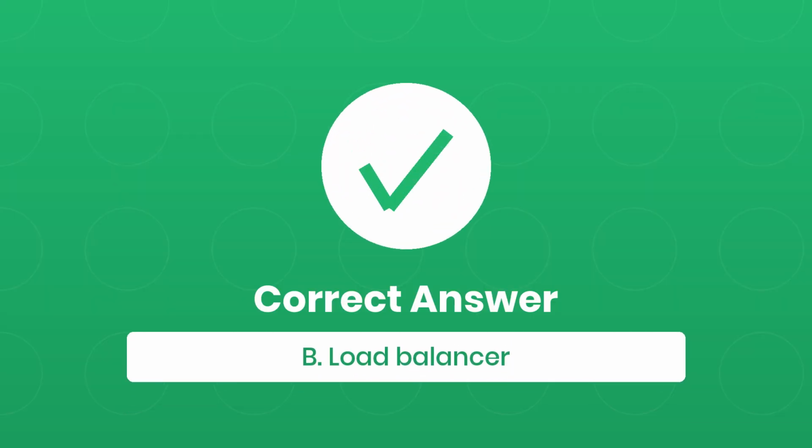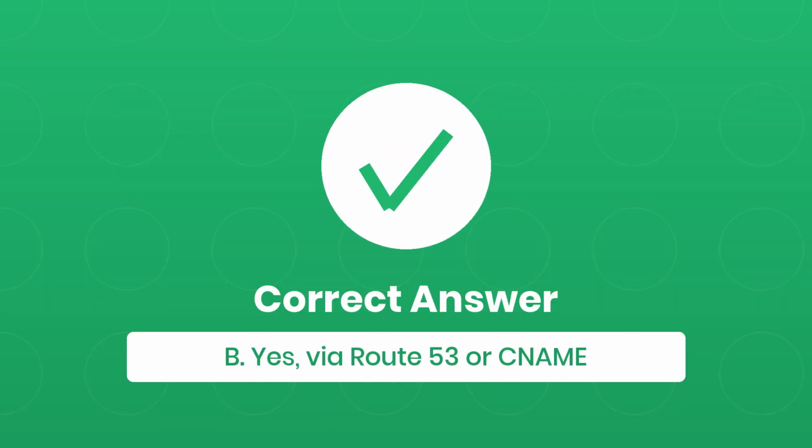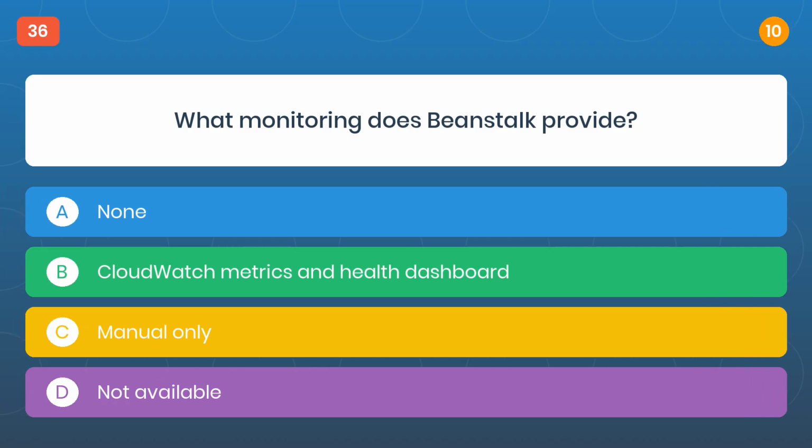The correct answer is B, load balancer. Question 35. Can you use custom domain? The correct answer is B, yes, via Route 53 or CNAME.